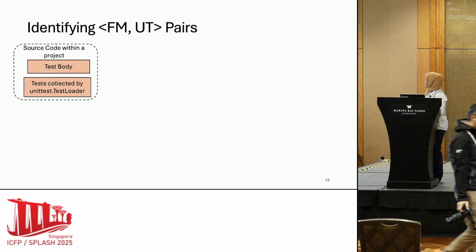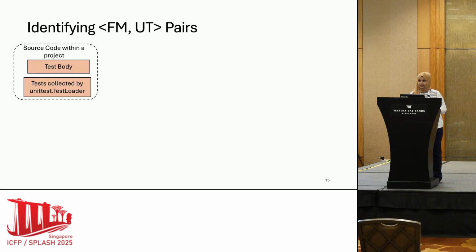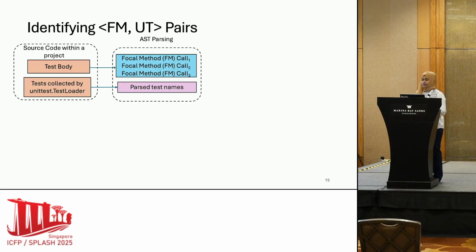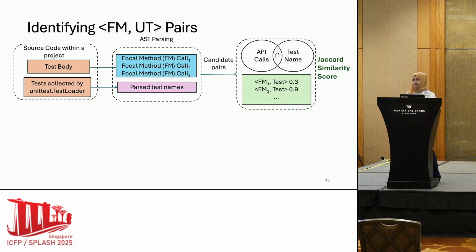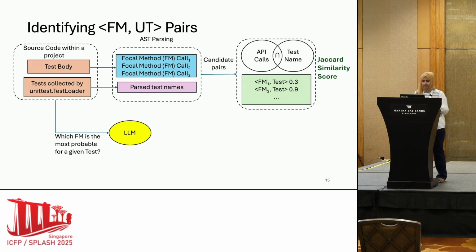So, here we collect the test code using the unit test loader, and then we collect the AST of the test code to look for what methods are called from the test. Then we use the Jaccard similarity index to look for the focal methods, or the methods called from the test which are very similar. That is one way, and we also rely on large language models.